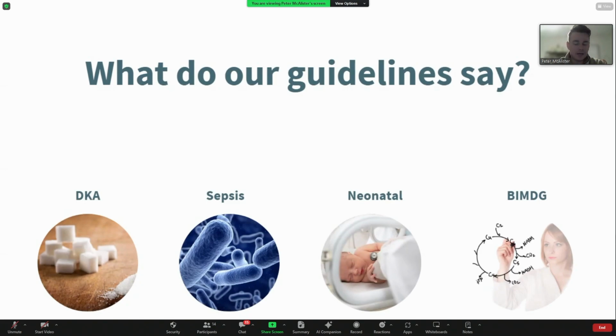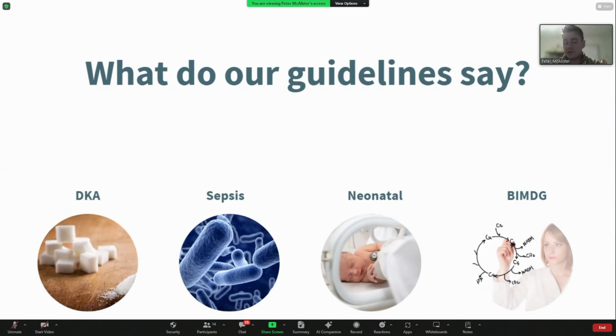And I like that you touched on the DKA protocol by BSPED in the UK, which actually mentions balanced solutions and says that the evidence base is not there for them to be used in DKA, and with regards to that, saline should still be used as preference.